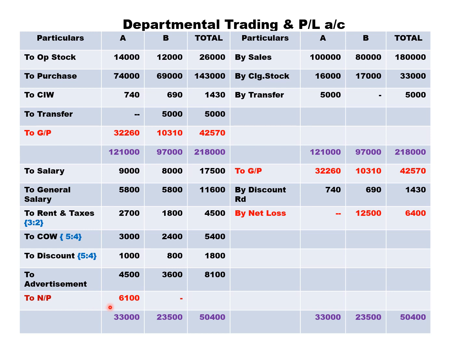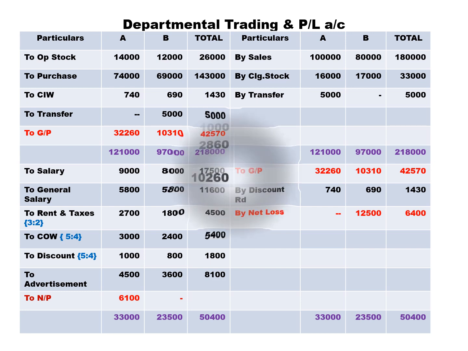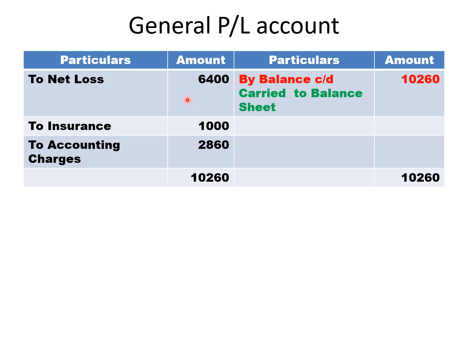Then we get a net profit for A 6,100 and for B 12,500 is a loss. So A has earned a profit, B has incurred a loss. So you get a net loss of 6,400. Bring down that net loss to the general PL account from the credit side to debit side.